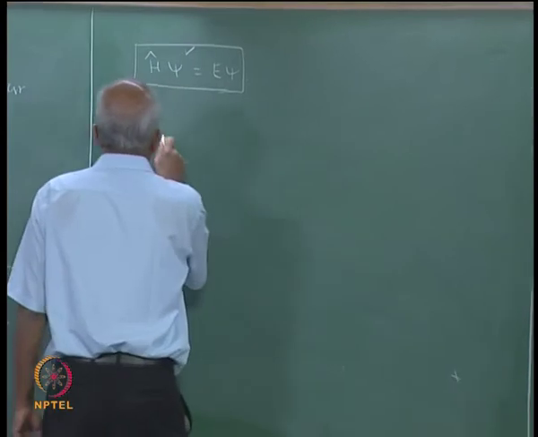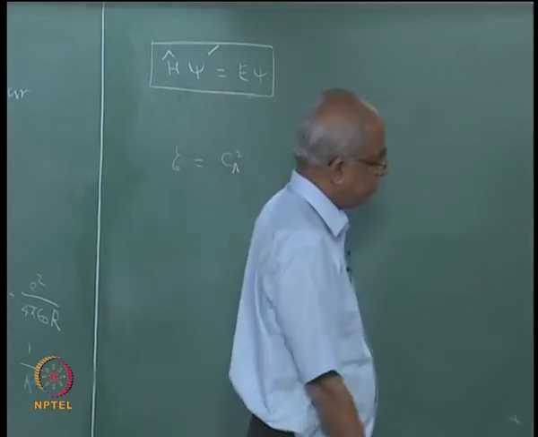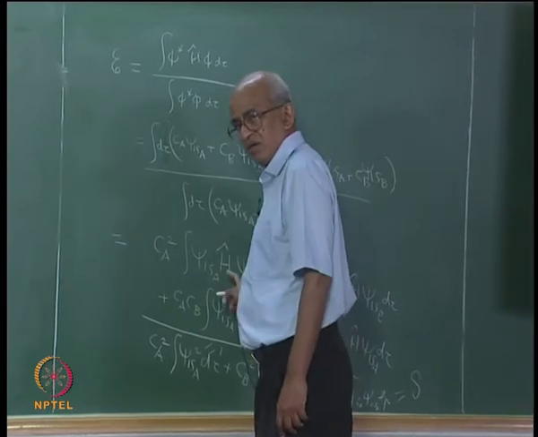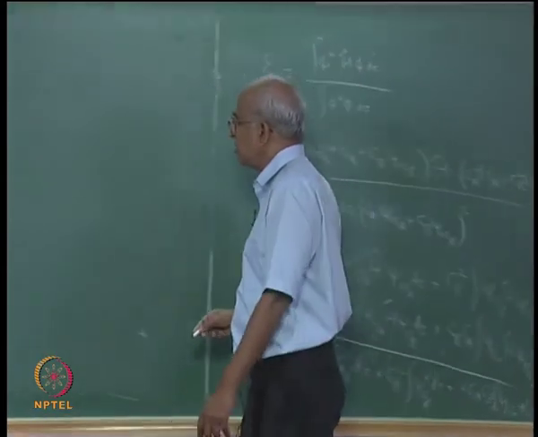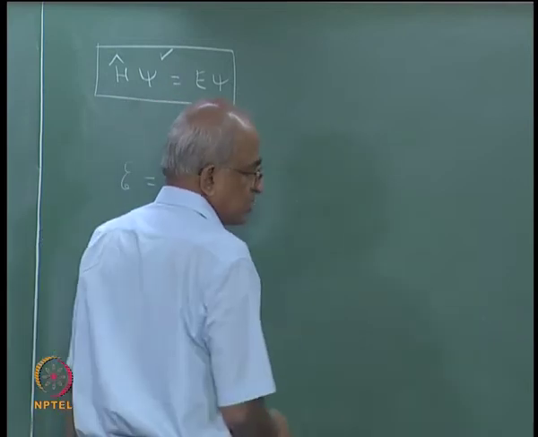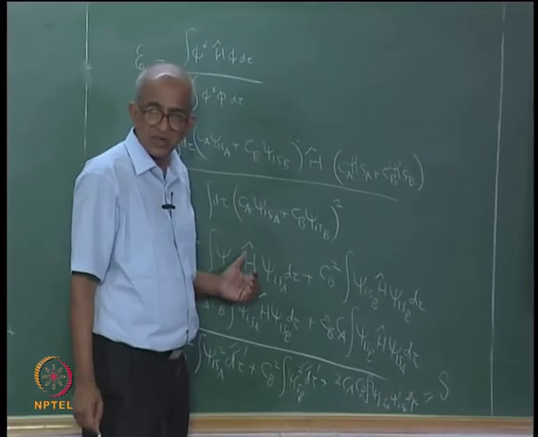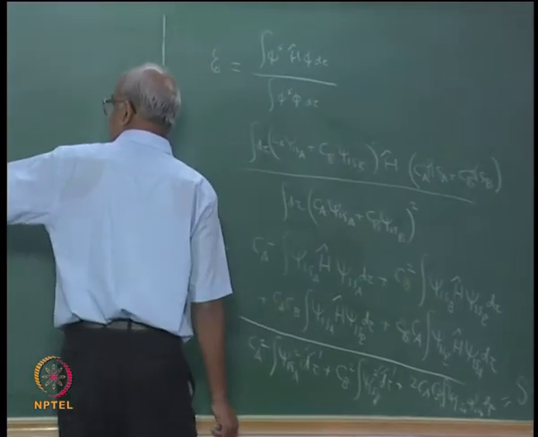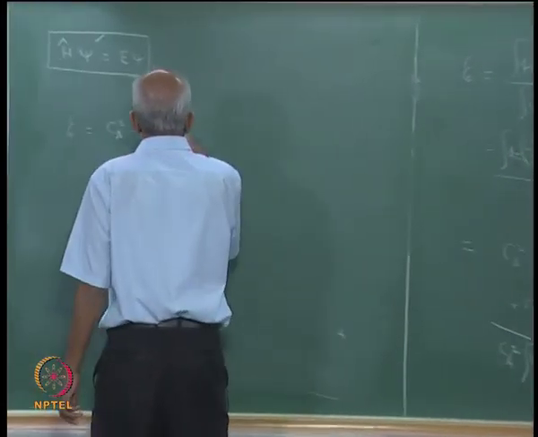So I will have script E equal to Ca square integral 1s a H 1s a. What is the notation that I can adopt? I will denote it as HAA, because H is in the middle, operating upon 1s a, and then you multiply it by 1s a and integrate over the entire space. So it should be written as HAA, and in the same way this is going to be HBB.